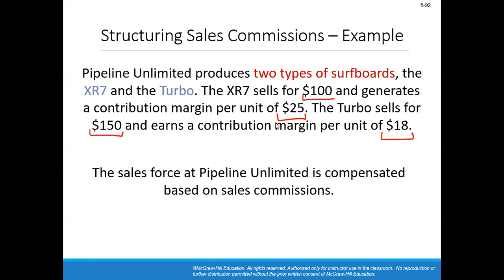As a salesperson, what would you expect? Would you want to sell more XR7, or more Turbo?